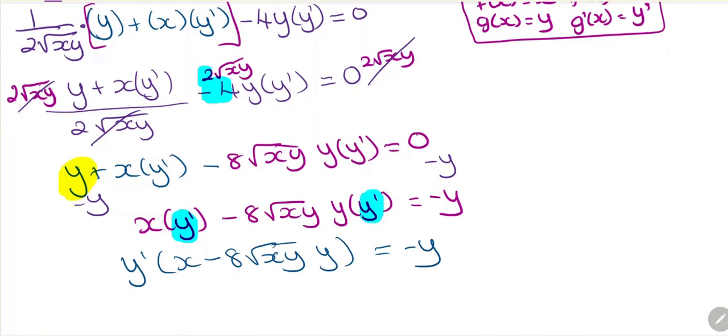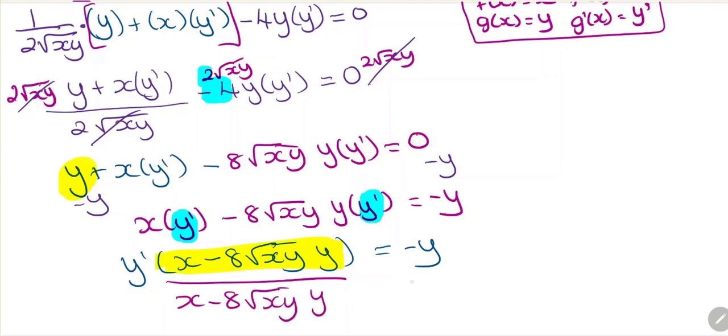Now, because we want y prime on its own, if we divide both sides by our term, we'll be able to simplify. So x minus 8 root xy multiplied by y prime, divided by x minus 8 root xy, will simplify.